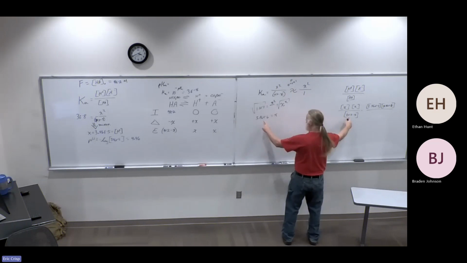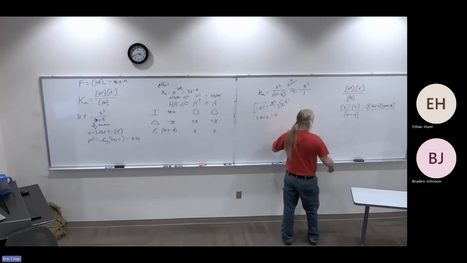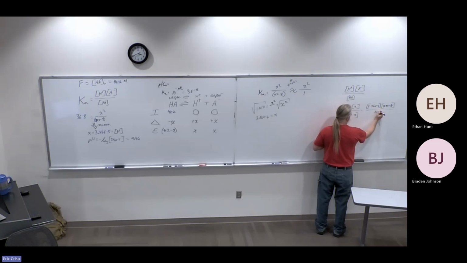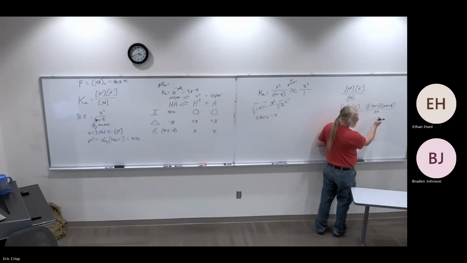This minus what you got for X. 4E negative 2 minus X. Repeat it. 3.996.